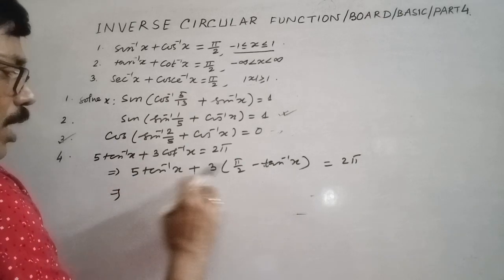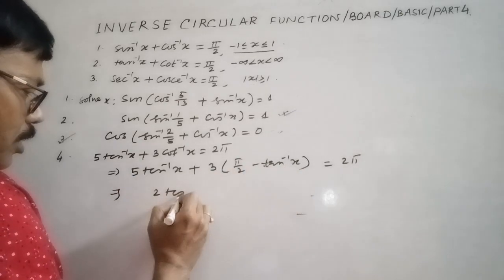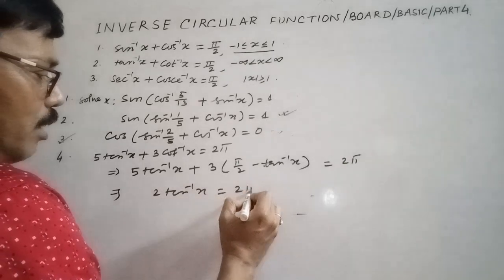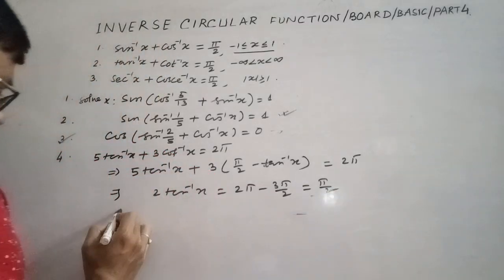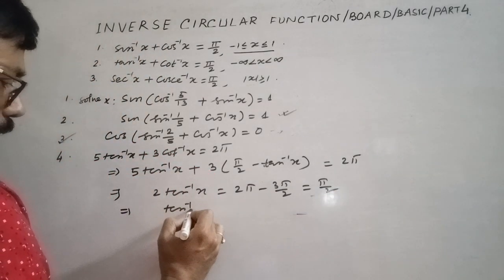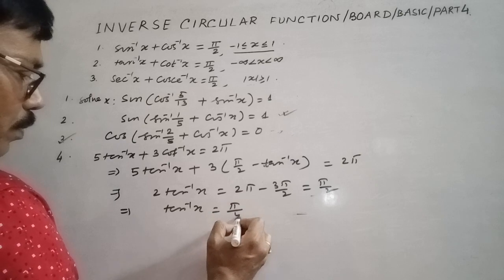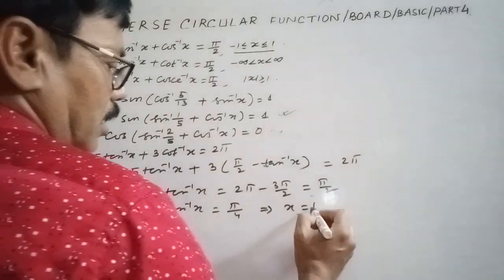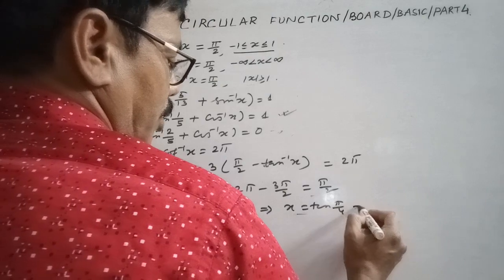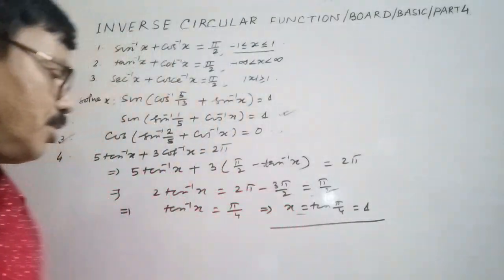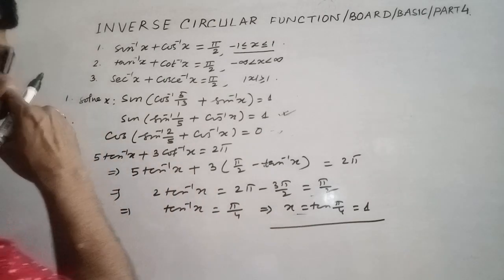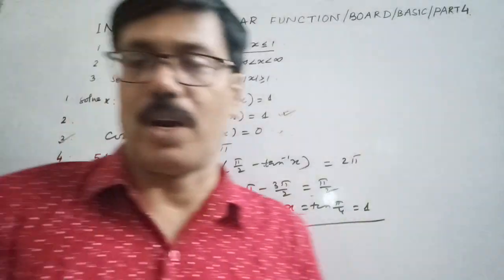Now 5 minus 3 gives 2 tan inverse x, which equals 2 pi minus 3 pi by 2, that is pi by 2. So tan inverse x is pi by 4, and x equals tan pi by 4, which equals 1. Very simple. Try to make it in terms of a single trigonometric ratio, then solve.